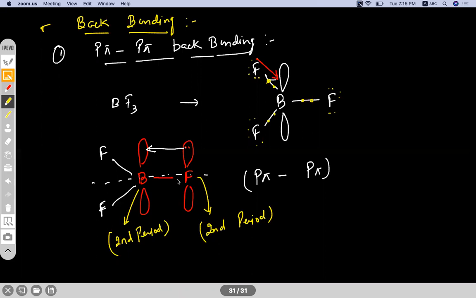After the molecule has been formed, the fluorine is donating its electron back to boron. Means when you draw the Lewis dot structure, boron's electrons are given to fluorine, and then fluorine donates its electron back to boron. That's why it is back bonding. Clear?